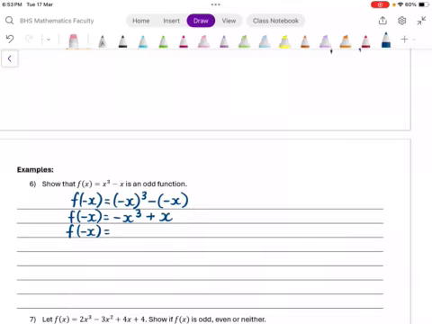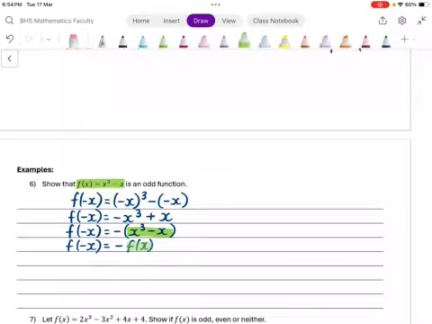So when we factorize out the negative, what we get is x cubed minus x. And what we want is that our x cubed minus x is what our function is. So that we have f of negative x is equal to negative f of x, like so.